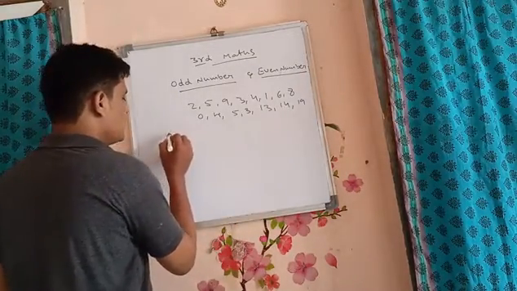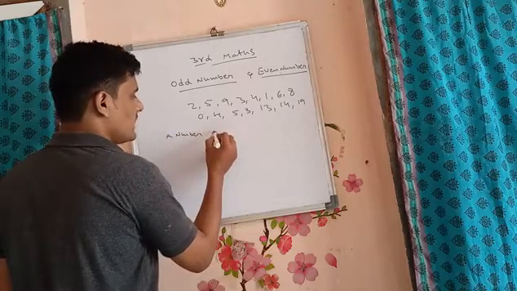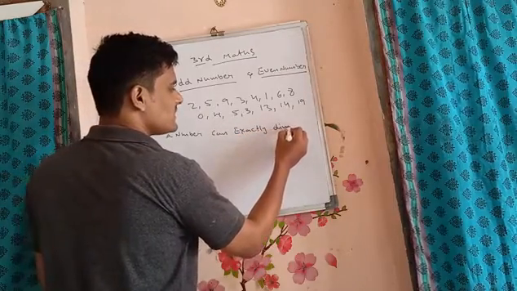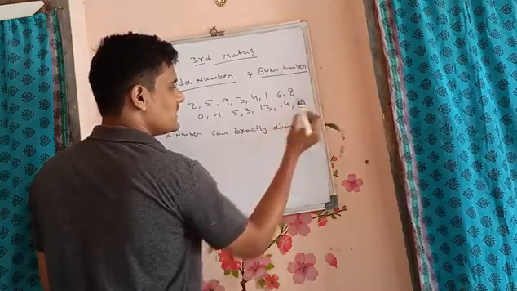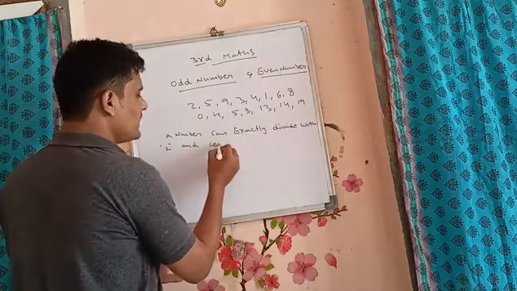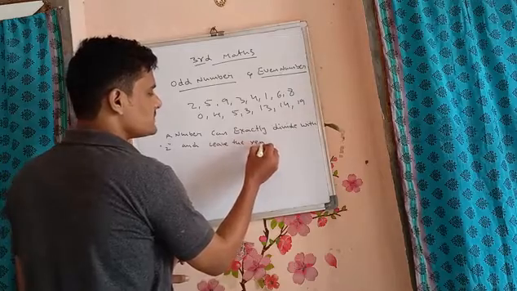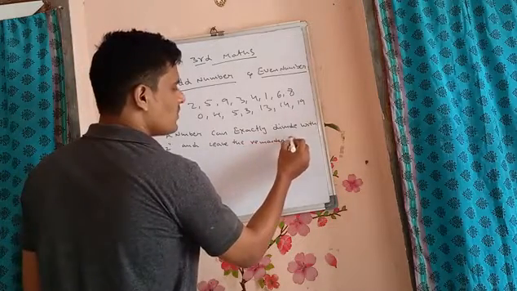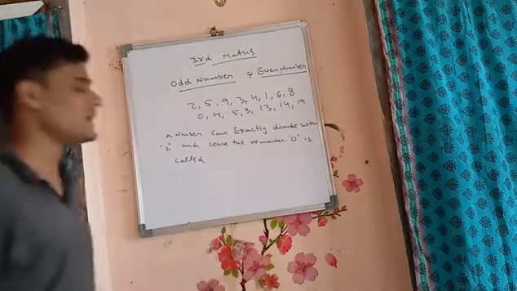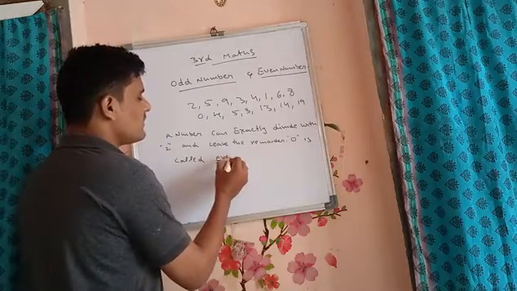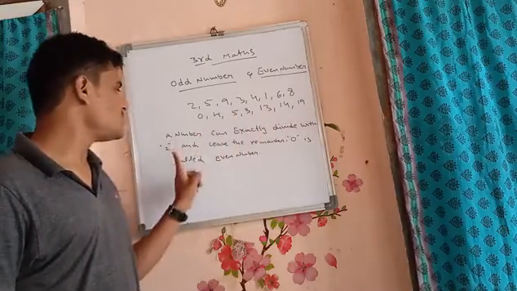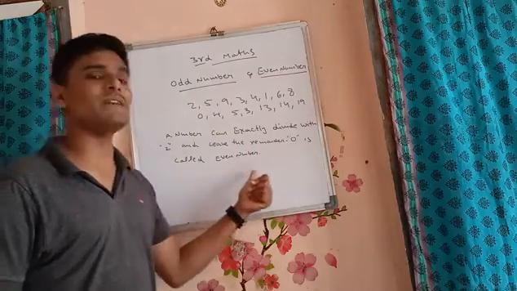A number that can exactly divide by 2 and leave the remainder 0 is called an even number.